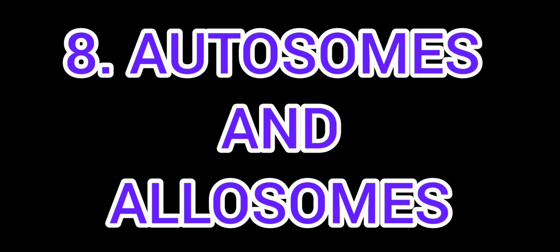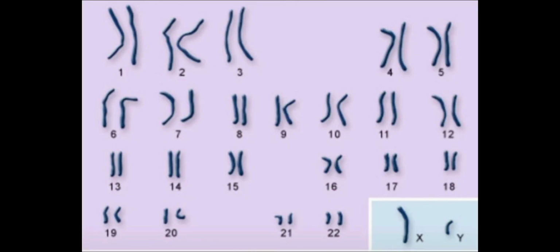Now, autosomes and allosomes. The autosomes are chromosomes that determine the body features other than sex. Humans have 22 pairs of autosomes, generally designated as chromosome number 1 to chromosome number 22.